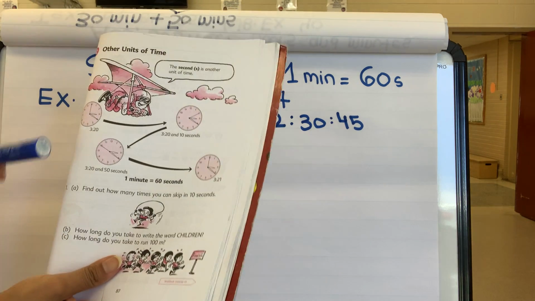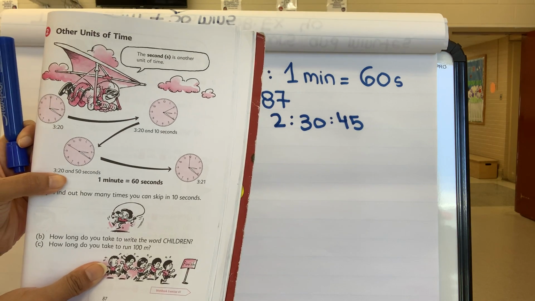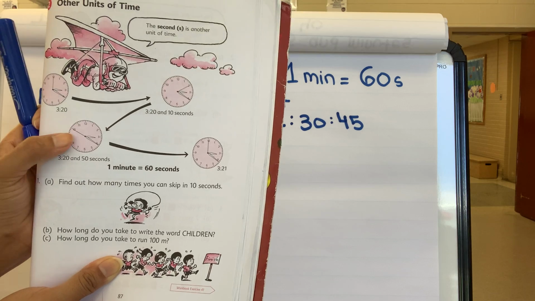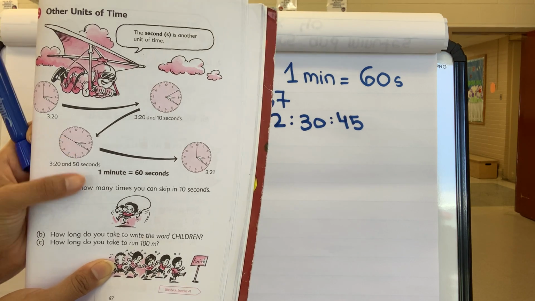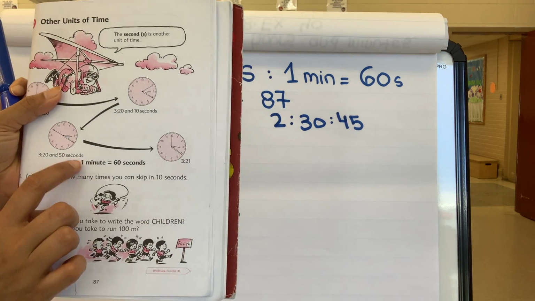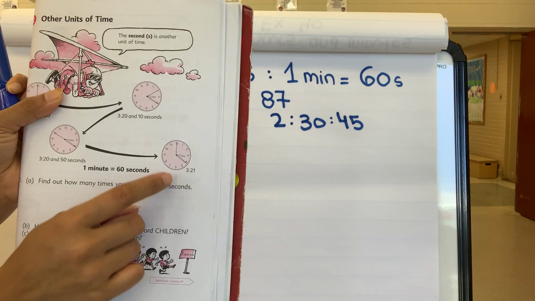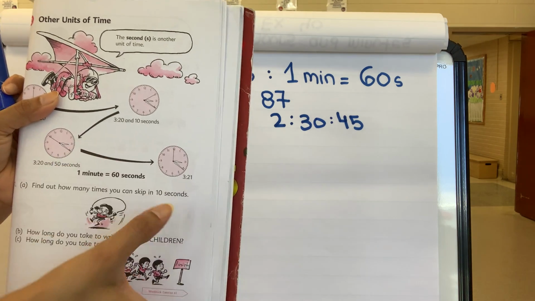Okay, then I move down here. This one is showing 3 hours, 20 minutes, and 50 seconds because look at my skinny hand. That's on 10. So it's 50 seconds, okay? And when do we get 60 seconds? Right when our skinny hand is on 12, okay?